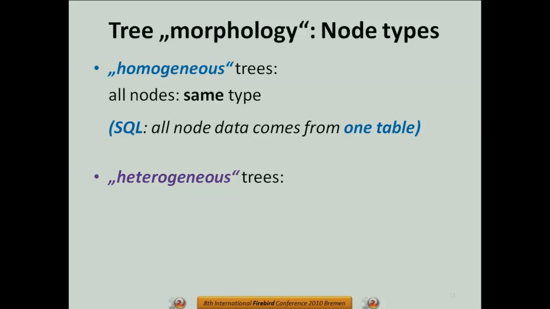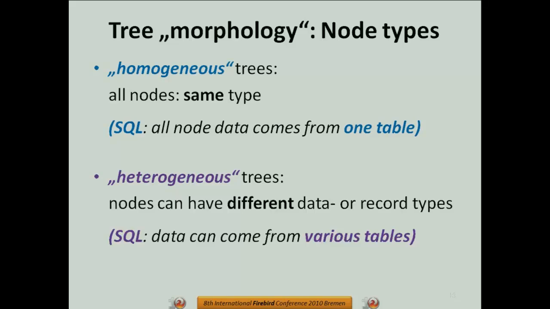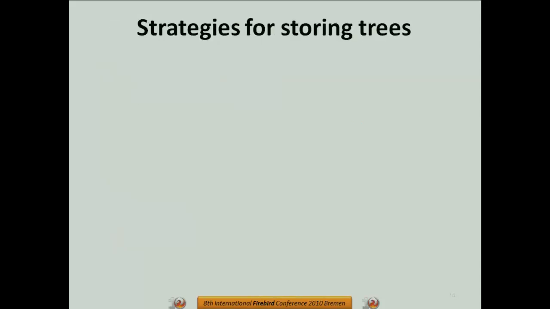But you can also have heterogeneous trees, and that's really where trees start getting interesting for me. That means that every node can have a different data type than the other nodes in the tree. So in SQL, you can have various data tables where your actual node data is spread, and you have one table where the references are stored. So you can really have a tree that's made up of, like with files and directories, basically the same. A file is one node type, and a directory is another node type. So that's also heterogeneous if you look at it that way.